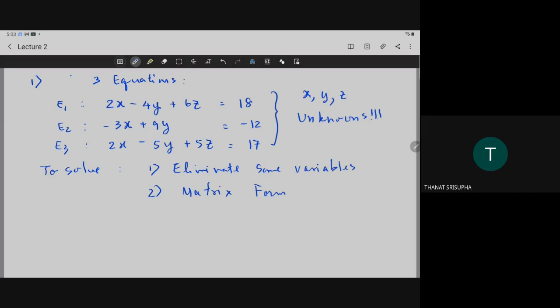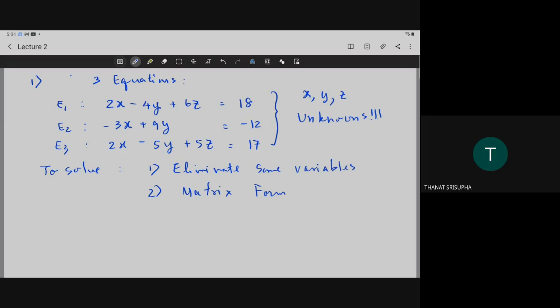You can notice that in this case, how many equations are there? We have 3 equations for 3 unknowns. So a general rule of thumb is if you have 3 unknowns and you want to solve this type of equations, you need to have at least 3 equations.